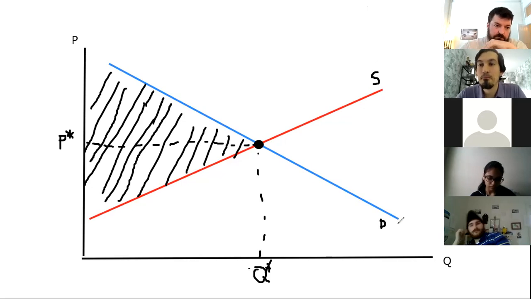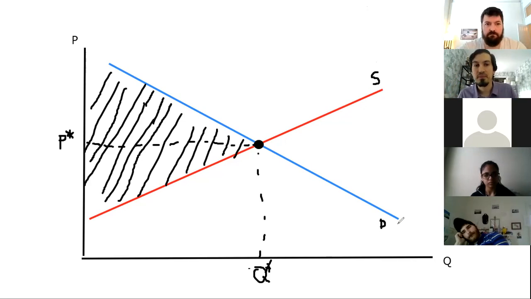Let's say that by producing this good, it causes a per unit externality of, I don't know, $10 per unit. Every unit that's produced causes an extra $10 of externality cost on somebody in the world. How would I think about that in terms of this graph?